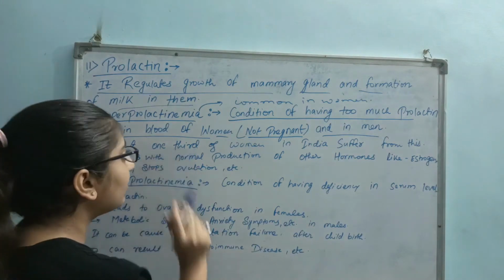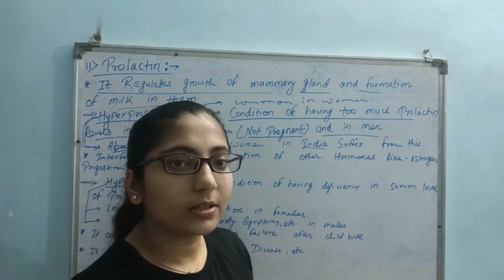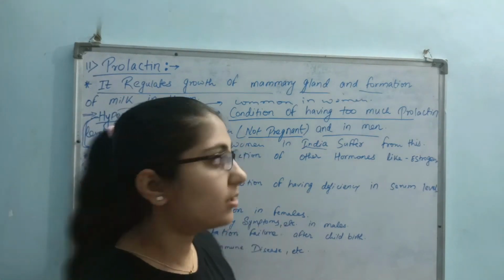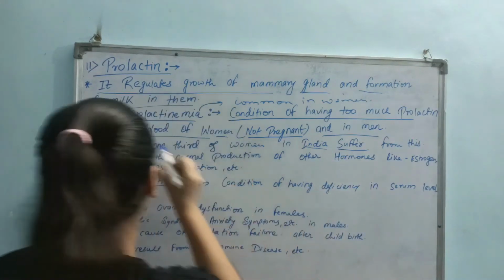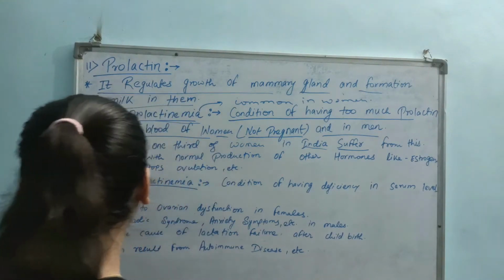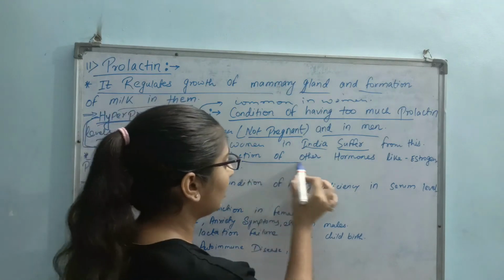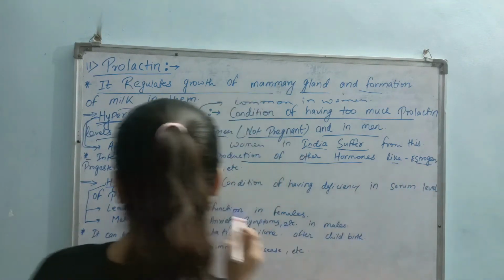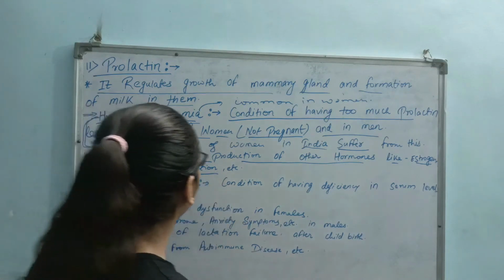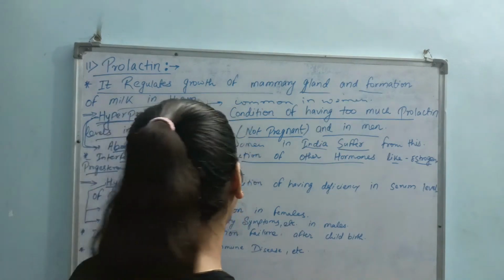Also, about 1/3 of women in India in their childbearing years with irregular periods but normal ovaries suffer from this disease, that is hyperprolactinemia. Also it interferes with normal production of other hormones like estrogen and progesterone, and it stops ovulation and many other adverse conditions.